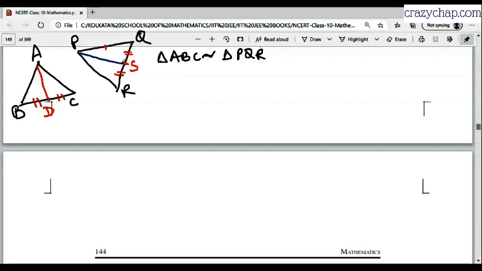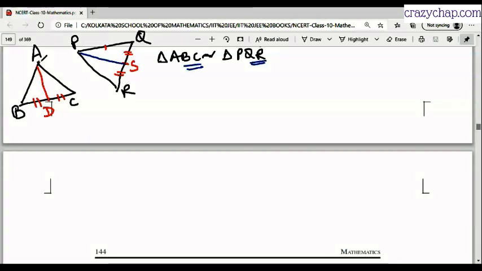Side BC and side QR are corresponding sides. I compared BC with QR, right? So it is given that D is a midpoint of BC and S is also a midpoint of QR.